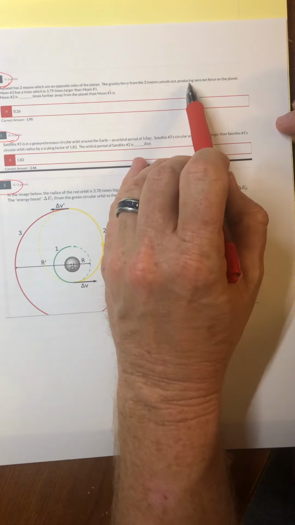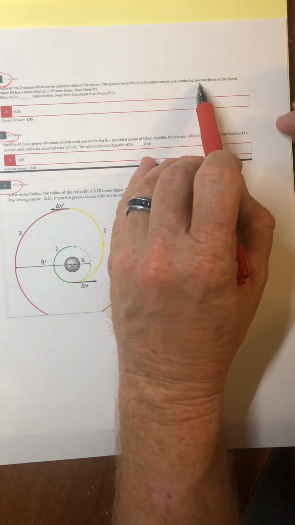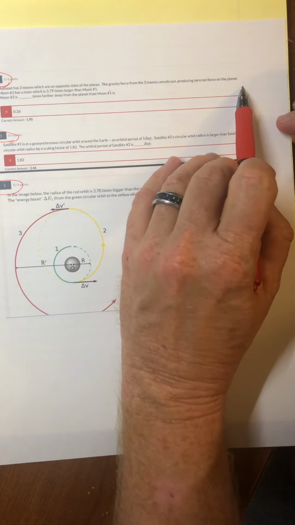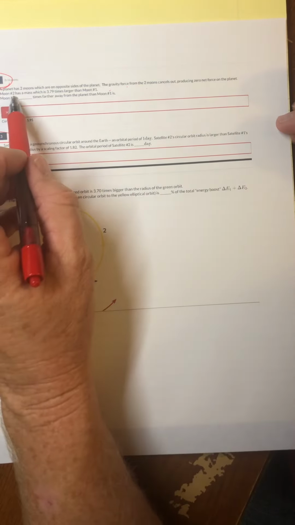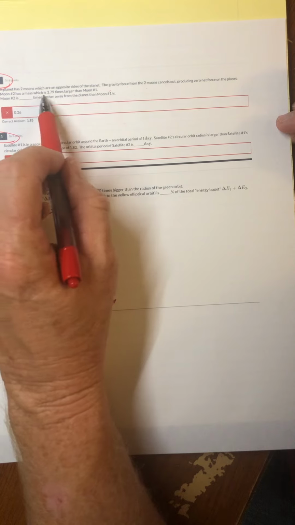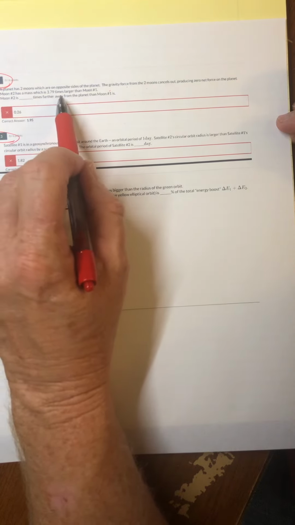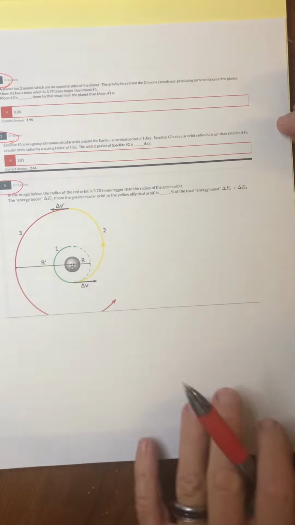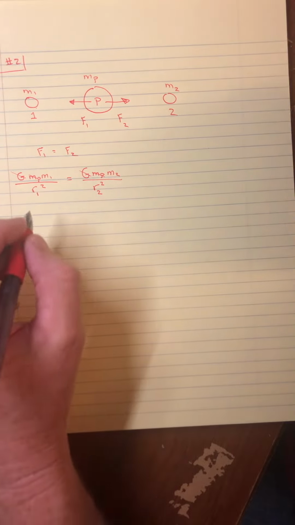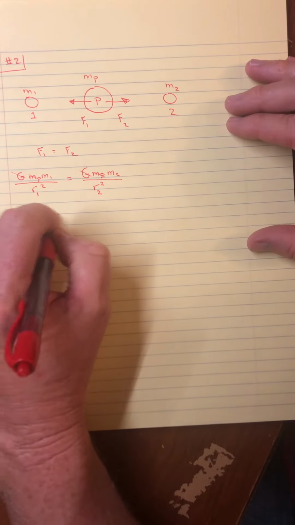Cancel each other out, producing a zero net force on the planet. Moon number 2 has a mass that is 3.79 times larger than moon number 1. So what that has told me, let me simplify here.